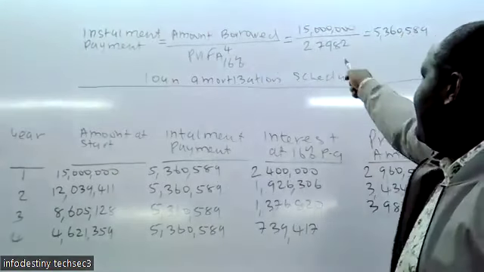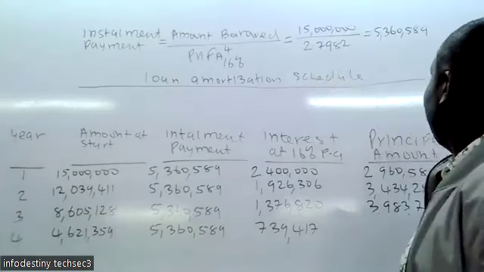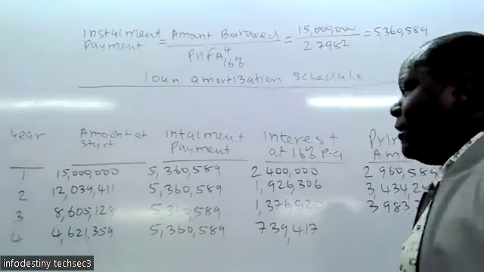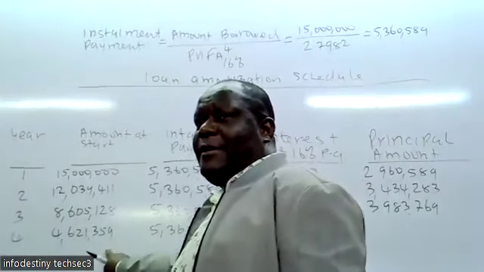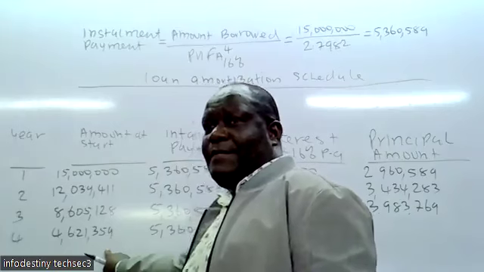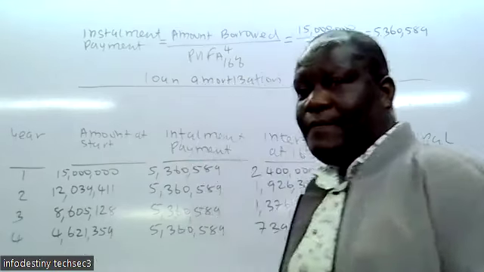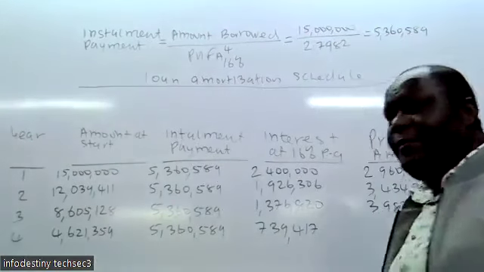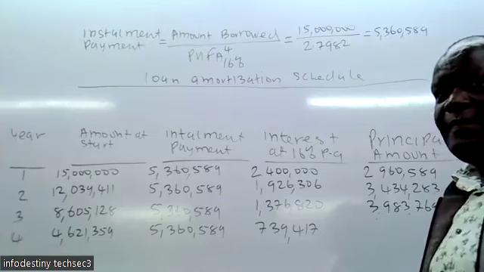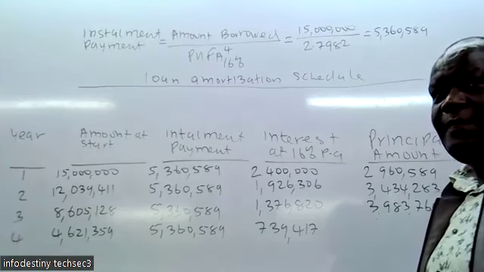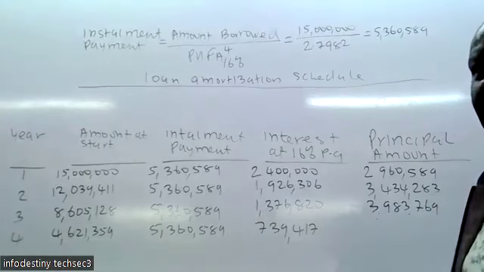The figures in the table are rounded off to 4 decimal places. The difference is very small from the 15 million.